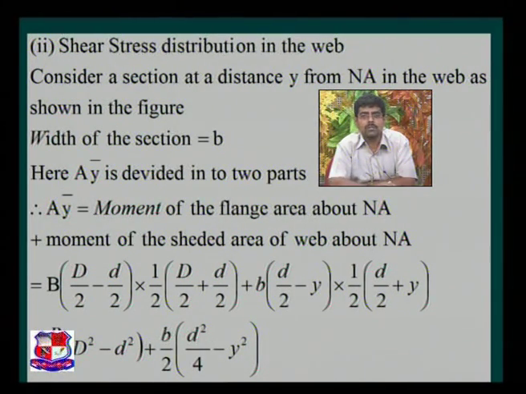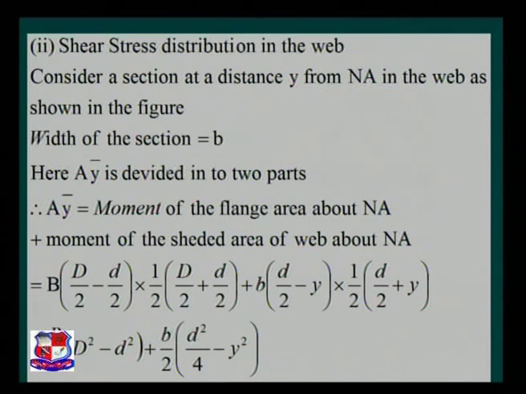It combines the two different moments from the neutral axis. So if you proceed further, we know that the moment is nothing but the product of area multiplied by the perpendicular distance. Now the available area is b bracket D by 2 minus d by 2.